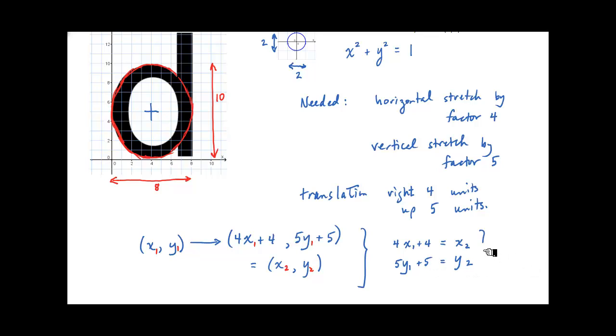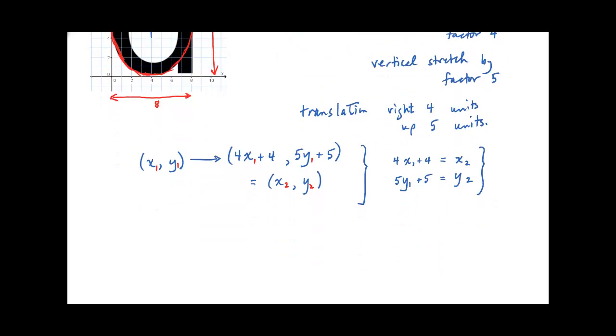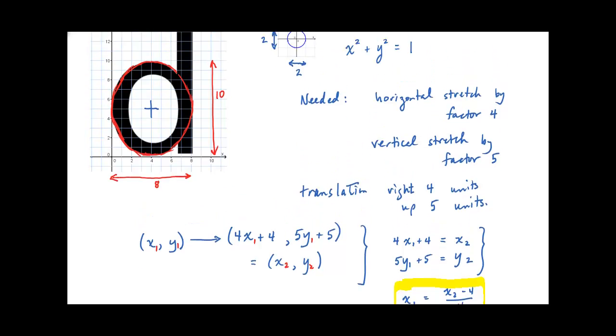And when we take those and we rearrange those, we can rewrite those equations as x1 is equal to (x2 minus 4) over 4 and y1 is equal to (y2 minus 5) over 5. So these are the equations that we're going to substitute in to our original parent equation.